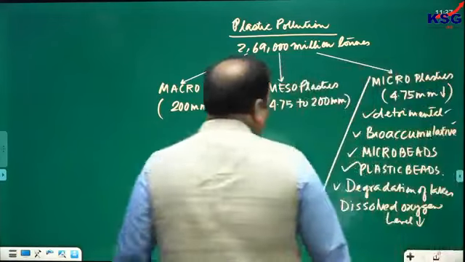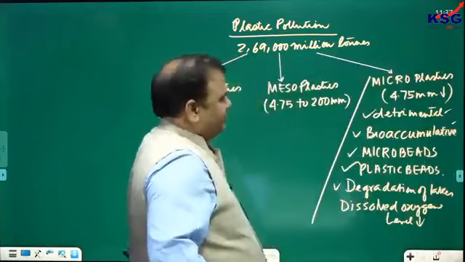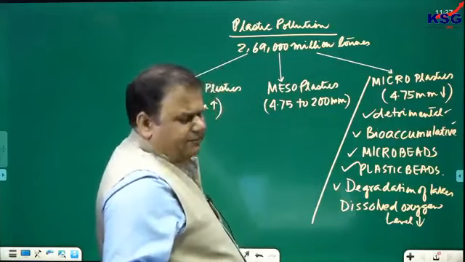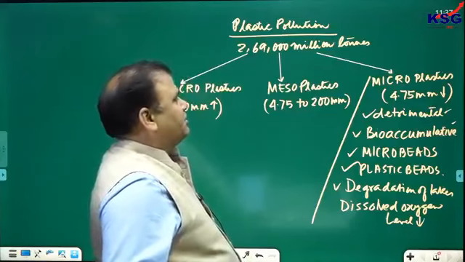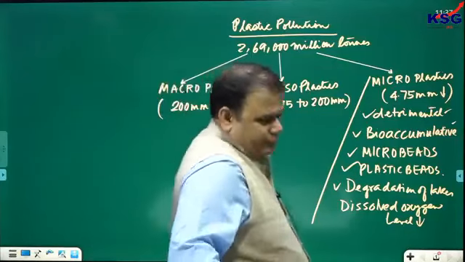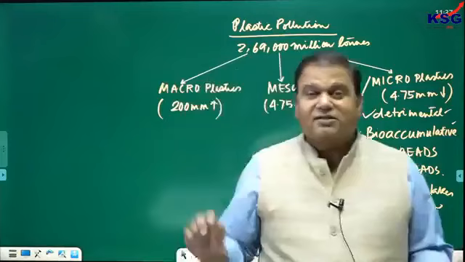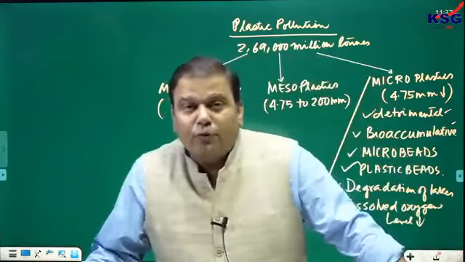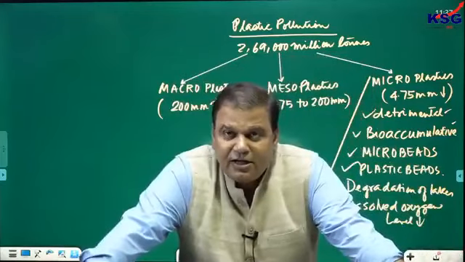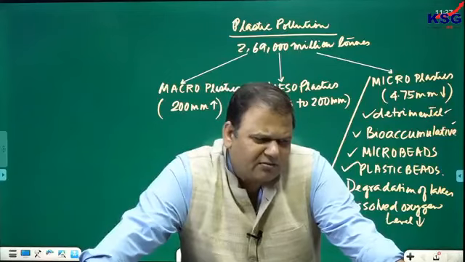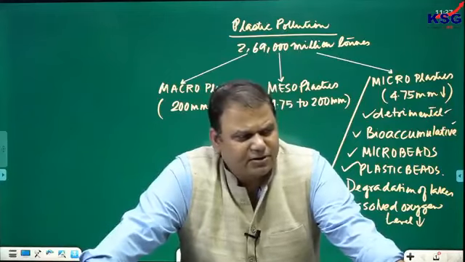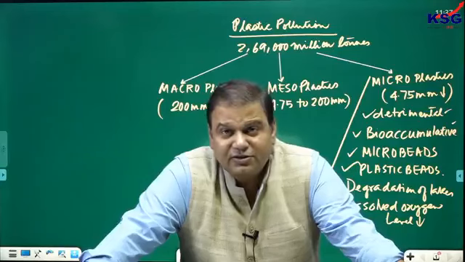And as far as microplastics are concerned, we can see that a type of microplastic. See, if suppose a question is asked like this, which micropollutant is present in abundance in the ocean, and the options are tire dust, the options are plastic noodles.